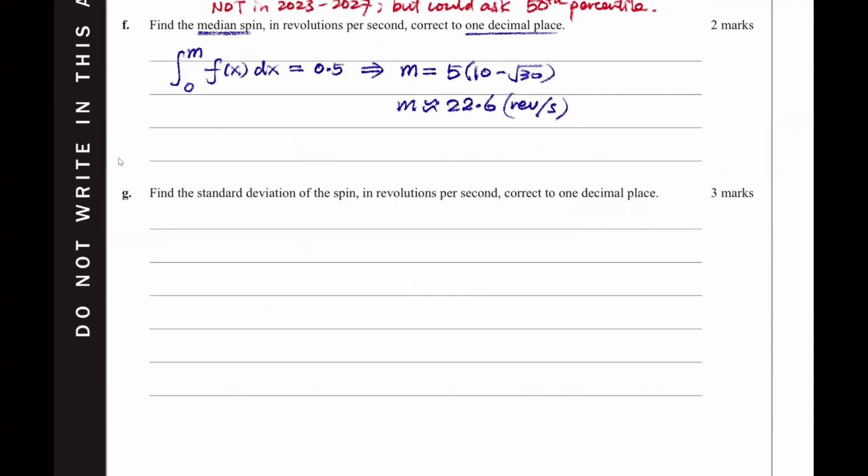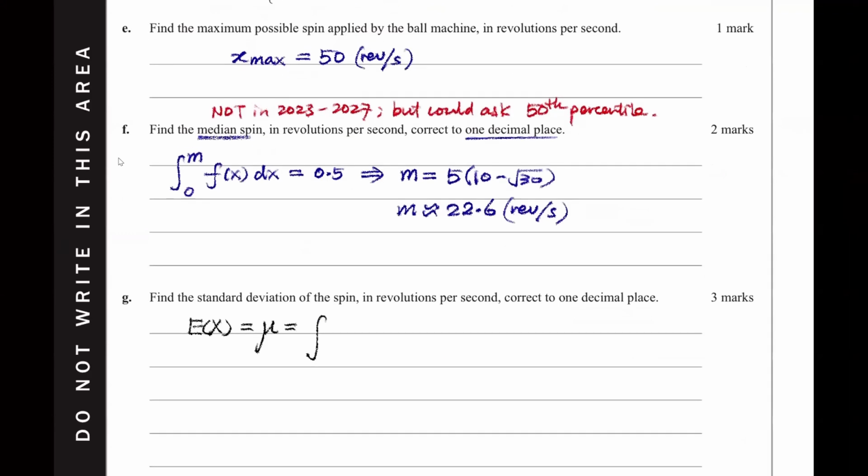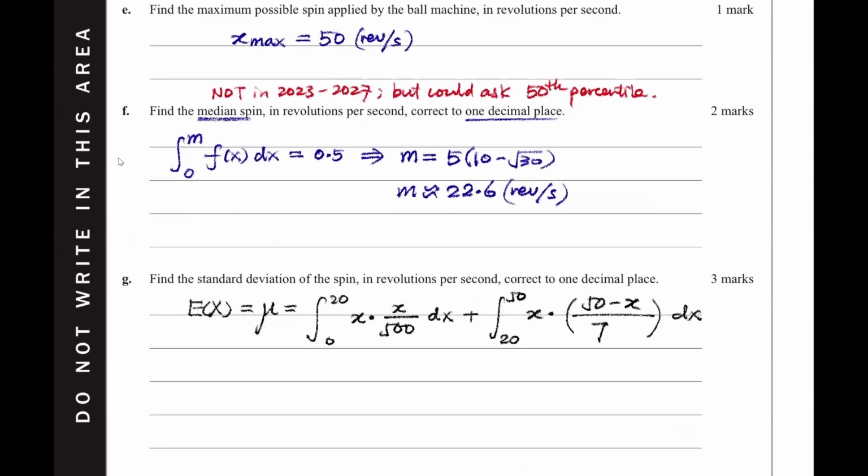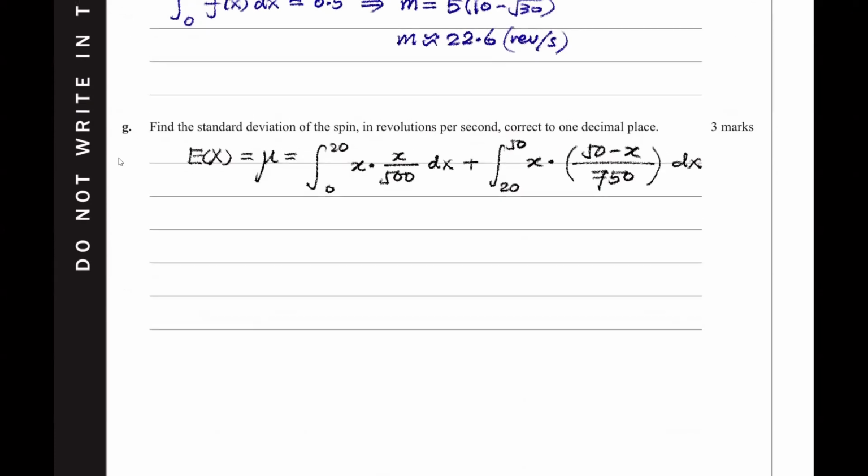One, the E of X is your mu value, which is the integration from 0 to 20 of x times x divided by 500 dx, plus from 20 to 50 of x times (50 minus x) over 750. Okay.